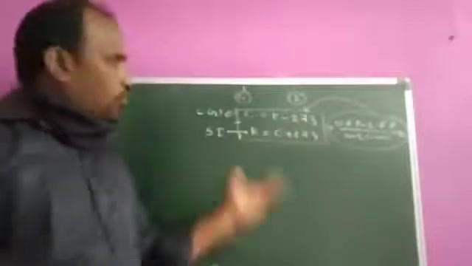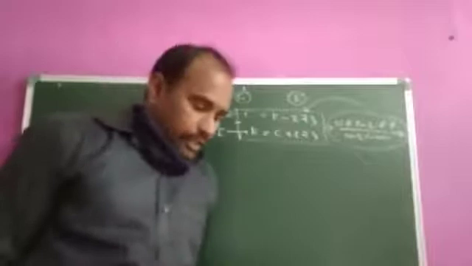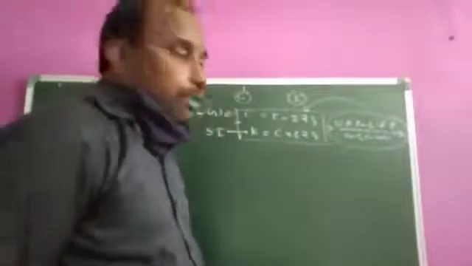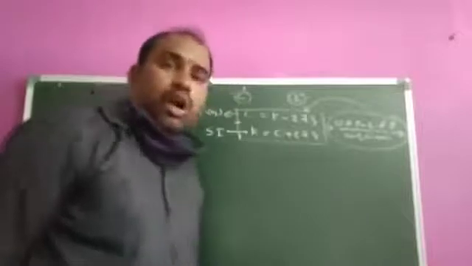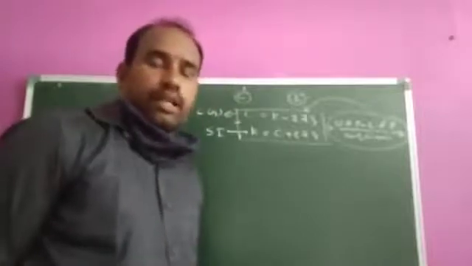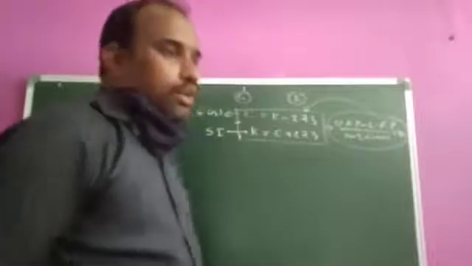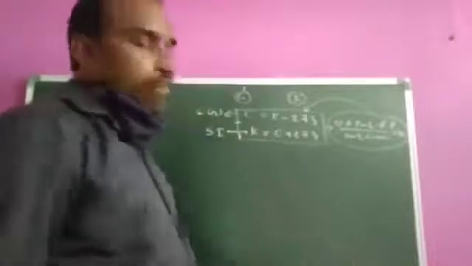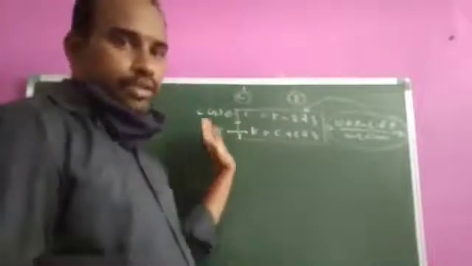Practice this type of question, because in the 10th class SSC paper, from the heat lesson, it is a 1 mark question: how to convert Celsius to Kelvin and Kelvin to Celsius.